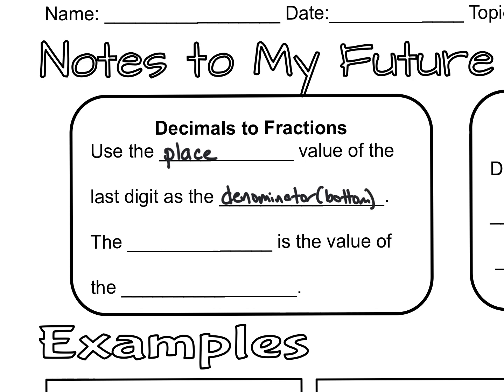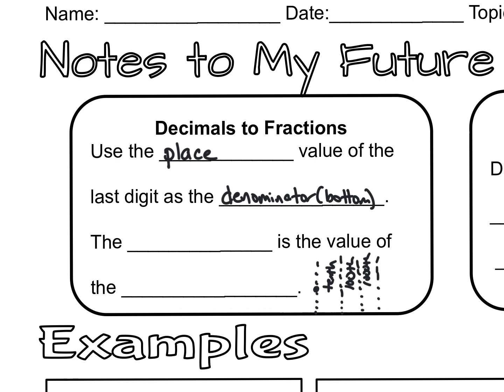So what I mean by that is if we have our decimal point, the first place value would be tenth, and then it would be hundredth, and then thousandth, and so on. So you can kind of use that as a guide as you're going through.